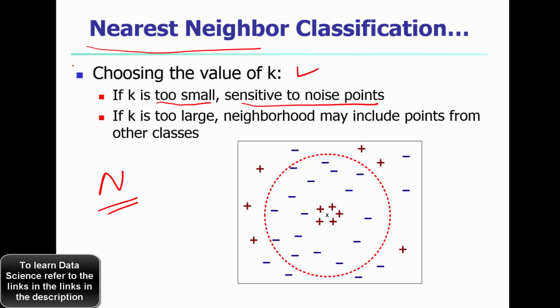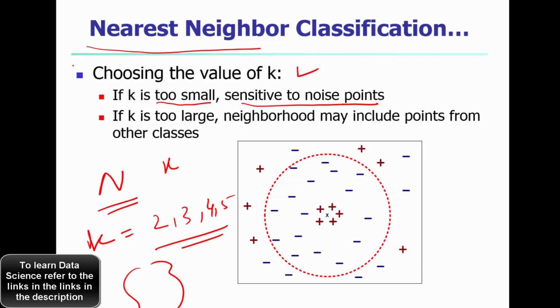So the idea is to find an optimum, and you can try multiple values. Say for instance you are not very sure, start with 2, 3, 4, 5, and then you have a given test data, right? Not just one test data, I could have several of them. Do this repeatedly with different k's, and try out what value of k is giving you the maximum accuracy in the test data.